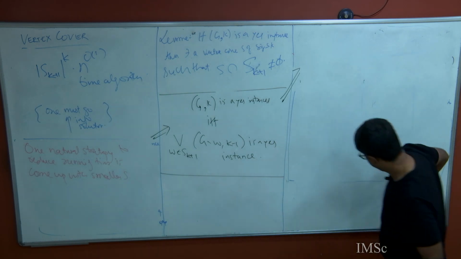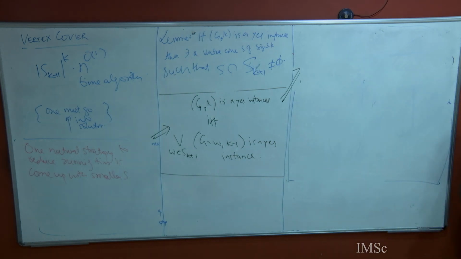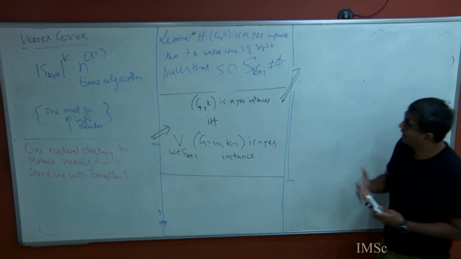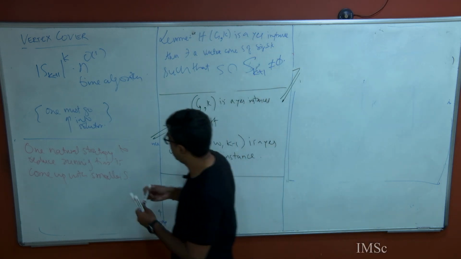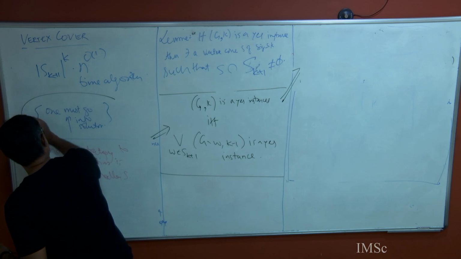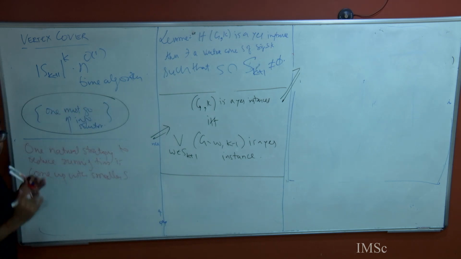So you understand, right? Somehow, if for example S_{k+1} was of size say root k, what will be the running time of this algorithm? Root k to the power k, right? But the main idea that is underpinning it is, what is the property of this S_{k+1} set?